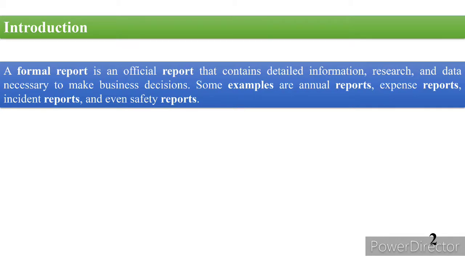Then after the front section we have the main body, and then we have the end section. So there are various problems that we face generally in formal report writing. One of the most important and most occurring problems is how the reader will understand your information.